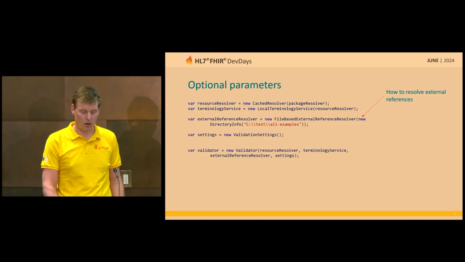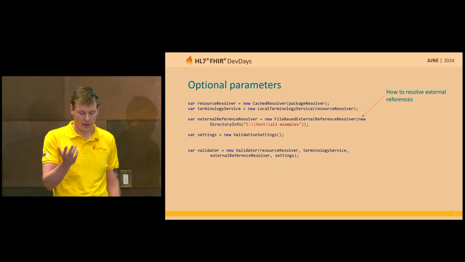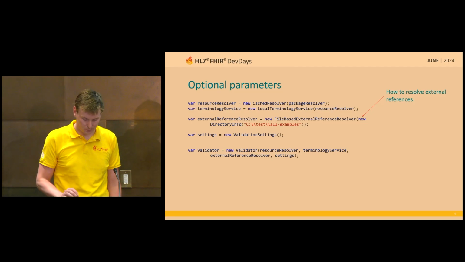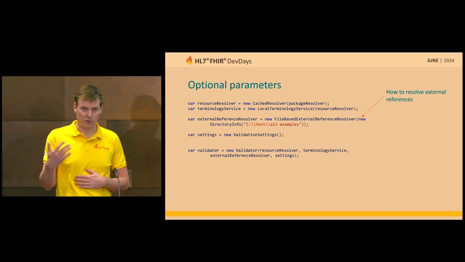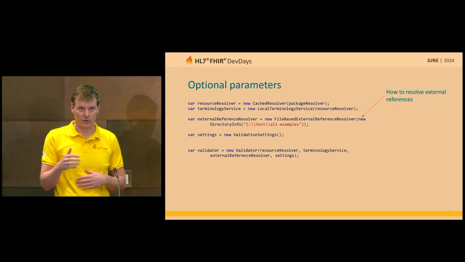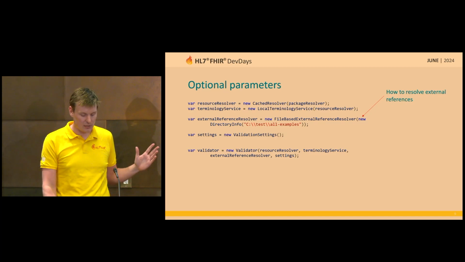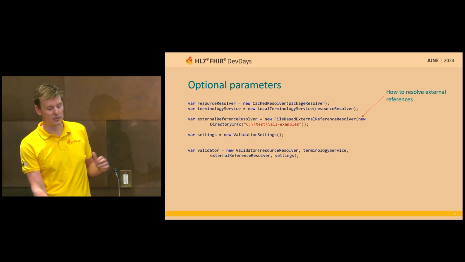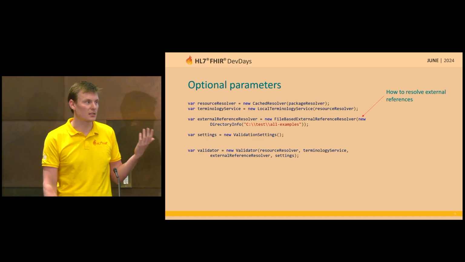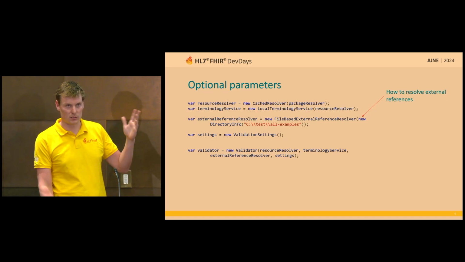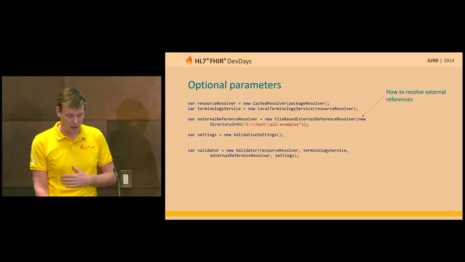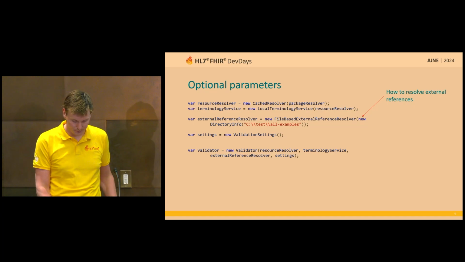And we said all of our examples, all of our instances are here on my C drive somewhere. So follow the references to that C drive, fetch the resource, validate it. Well, you get it. And next to it, you have an optional parameter, which is called settings. In the next slide, I will tell you all about some of the settings we have that you can use to influence the validation behavior.